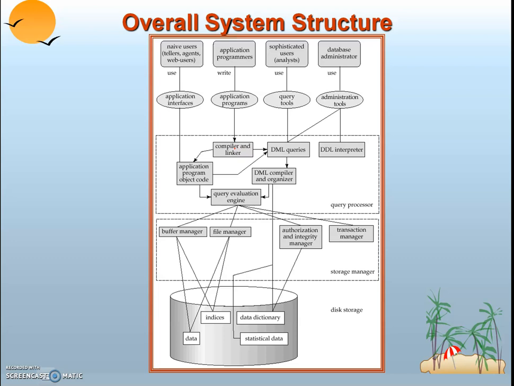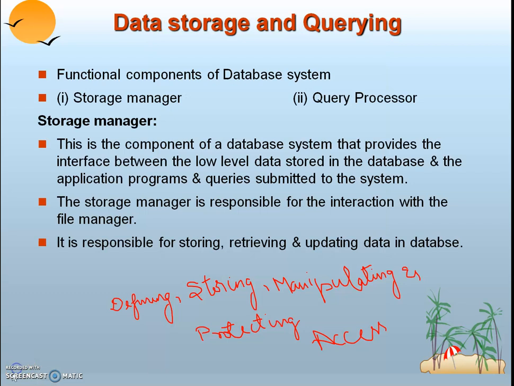And then let's go into the explanation of each of these components. As we know, a database management system is software that allows you to access the data stored in the database and provides an easy and effective method of defining, storing, manipulating, and protecting the information in the database system.